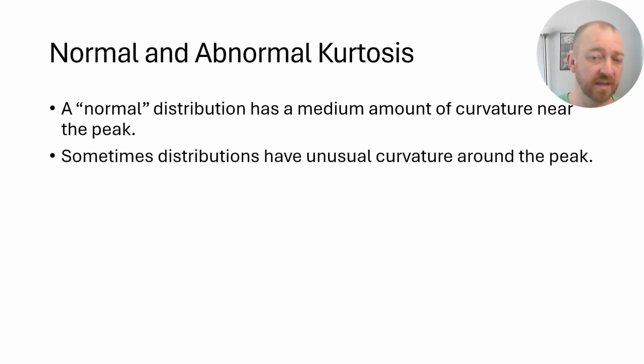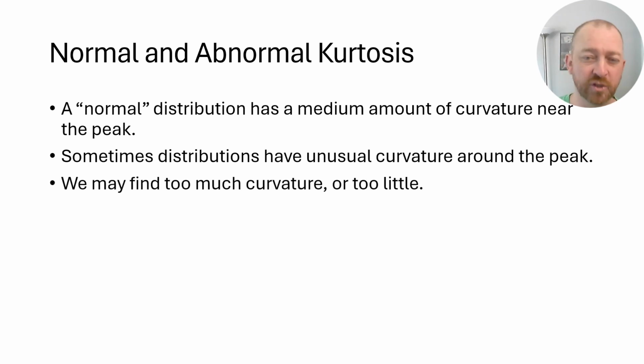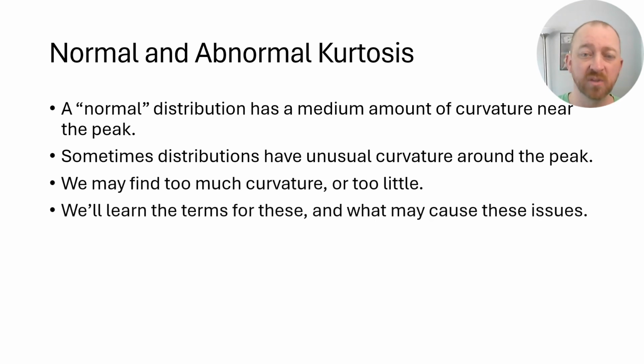But sometimes we get curvature that isn't like that. It's not medium curvature. It's an overly excessive curvature or not enough curvature, you might say. So we'll now talk about those and how we refer to those and why they appear in our data. What are they indicating, for example?